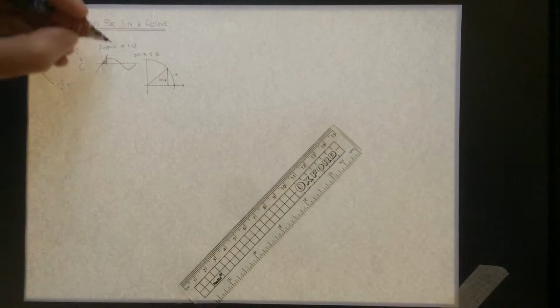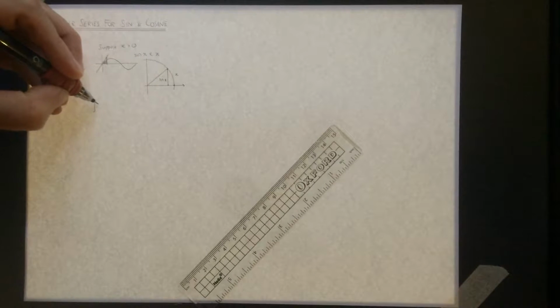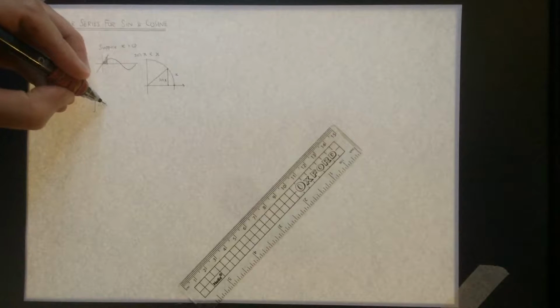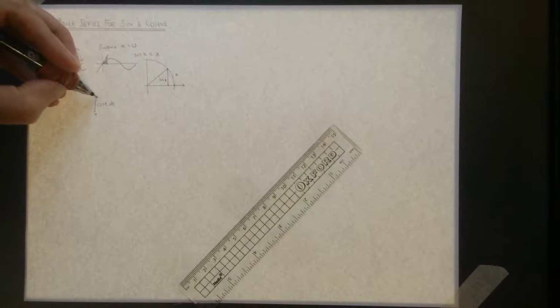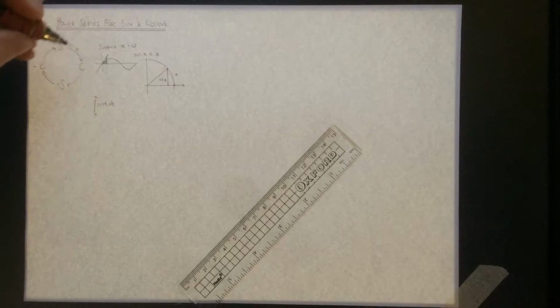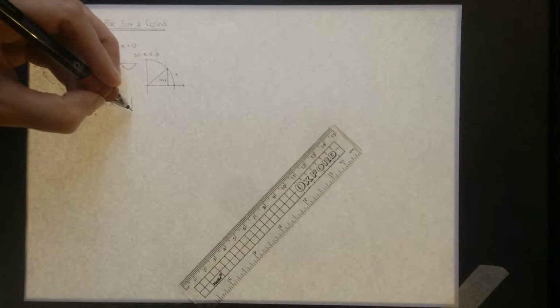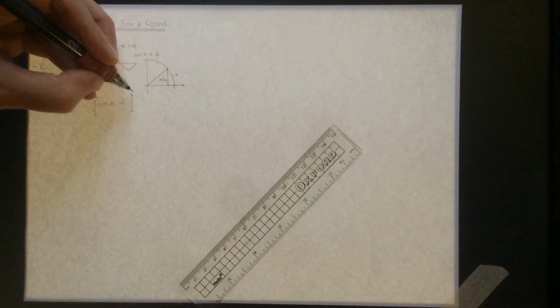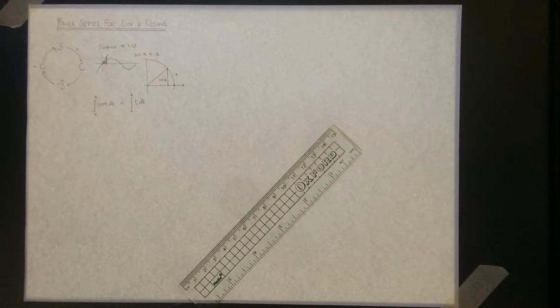So we can write that using integration: the integral of sine t dt from 0 to x is going to be less than the integral from 0 to x of t dt.